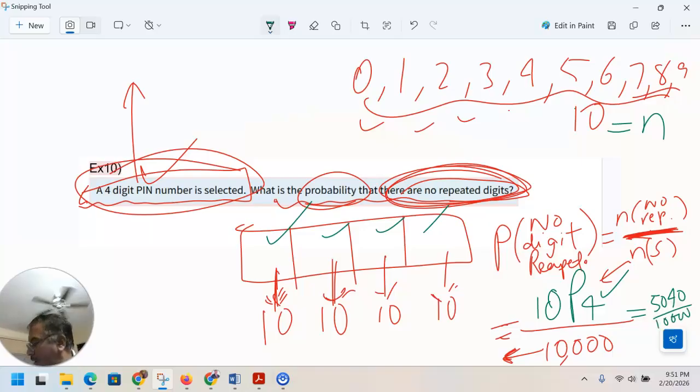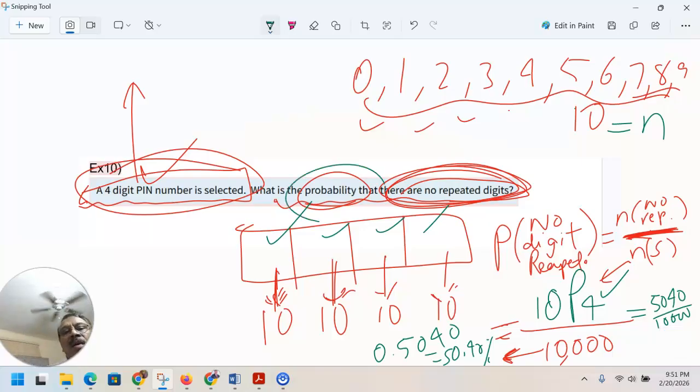And if you do the math, you get 0.5040, which is 50.40%. I hope I'm making sense to you here. So remember, when you talk about probability, it's always a ratio, something down, something up. And the down one is all possible, meaning even with repetition.